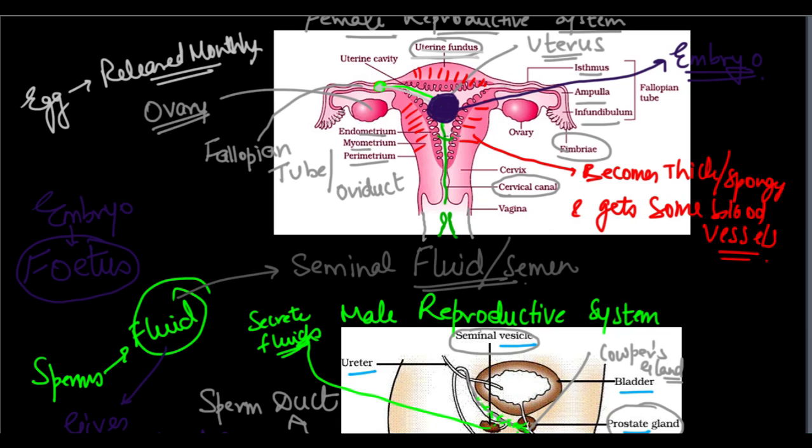When this baby is formed, there is a particular disc-like structure which develops just beneath the fetus, and this disc-like structure is known as the placenta. It is a placental tissue which develops just beneath the baby, and the placenta is richly supplied with blood vessels.